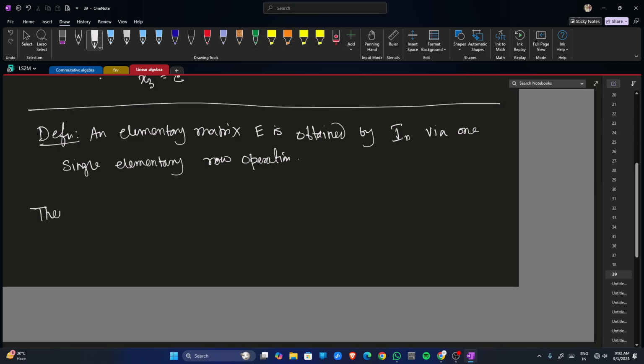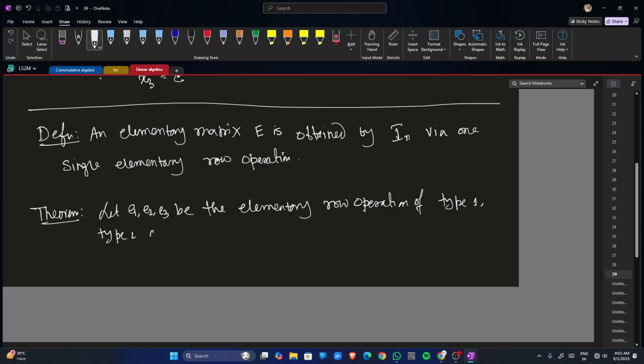Theorem. Let E1, E2, E3 be the elementary row operations of type 1, type 2 and type 3 respectively.